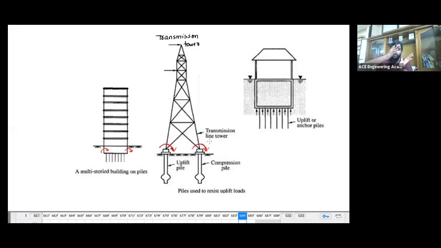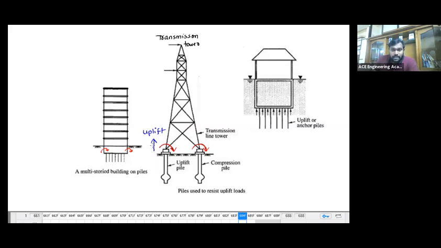When the structure is trying to overturn on one side, the structure tries to lift up. Yes or no? So when the total structure is about to overturn, on one side the structure will lift up from the soil. This is nothing but uplift.